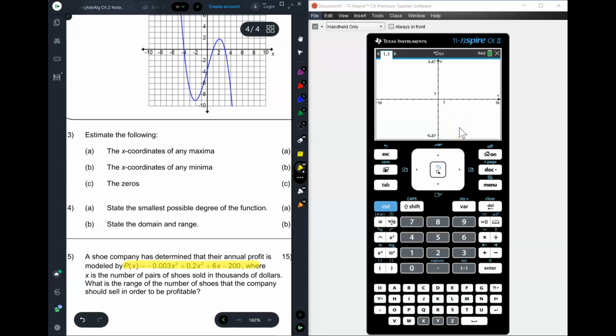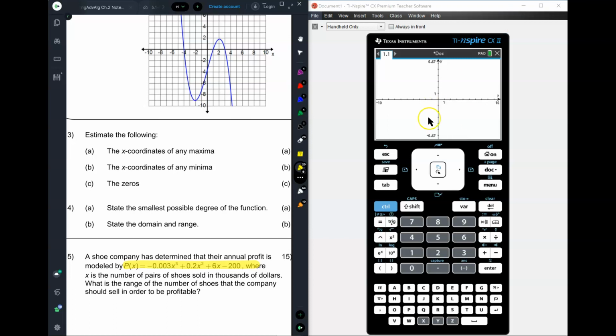Okay, x. The horizontal axis is the number of pairs of shoes sold in thousands. So that means x can never be negative, right? What is the range of the number of shoes that the company should sell in order to be profitable?